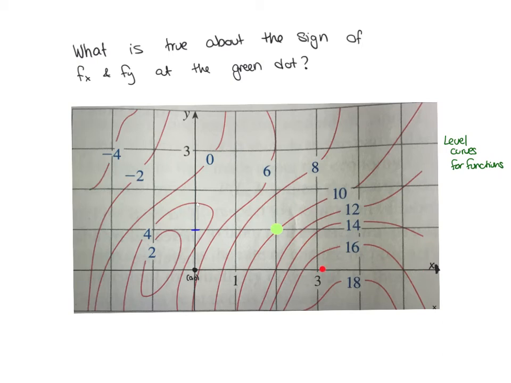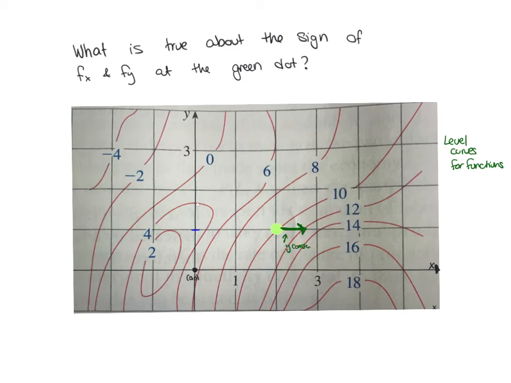When I move this direction, my x value is changing, but my y is constant. And when I'm moving this direction, my y is changing, but my x is constant. So let's go ahead and move in the direction of that x-axis from the point. So here my y is constant.